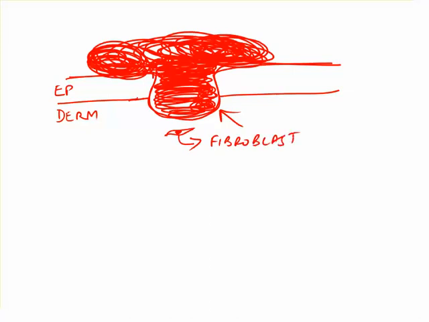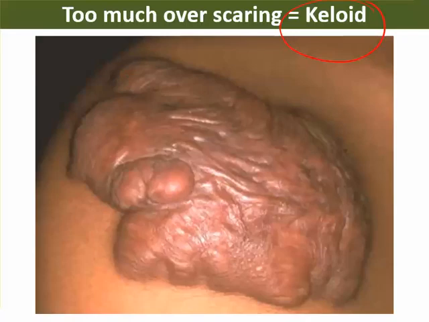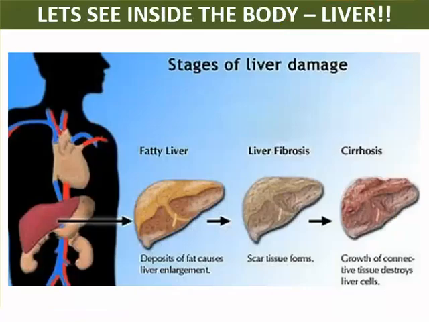This is a cell which produces collagen. Okay, so now you all understand these morphological terms. One is scar. If it is above the level of skin, it is hypertrophic scar. If it goes beyond the limit of the injury, it is keloid. So too much over scarring is otherwise called keloid.